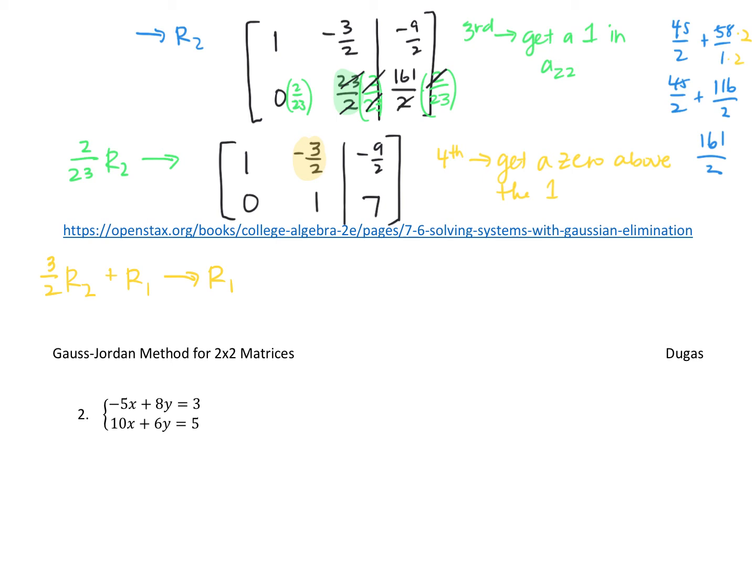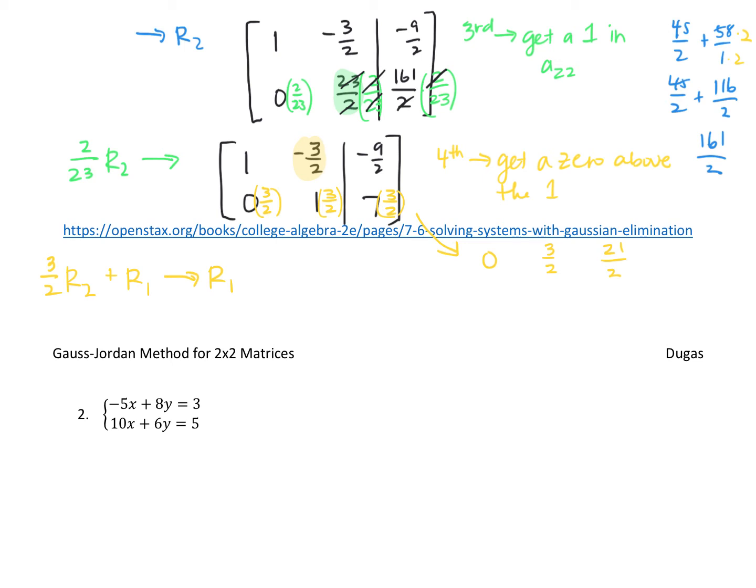Okay, so let's see what happens when we multiply row 2 by 3 halves. So 3 halves, 3 halves, 3 halves. So we will get 0, 3 halves, and 21 halves is what we get when we multiply each of those elements by 3 halves.